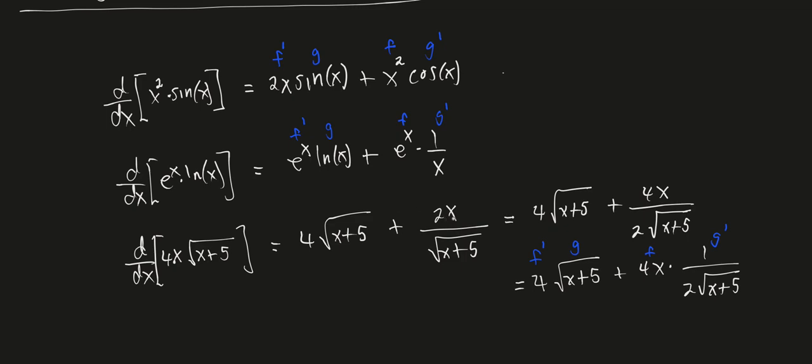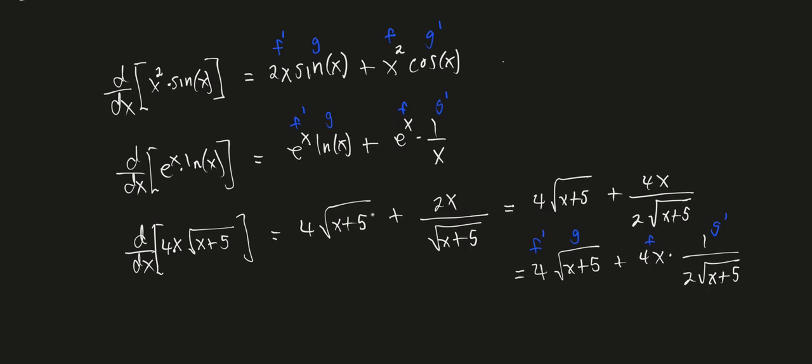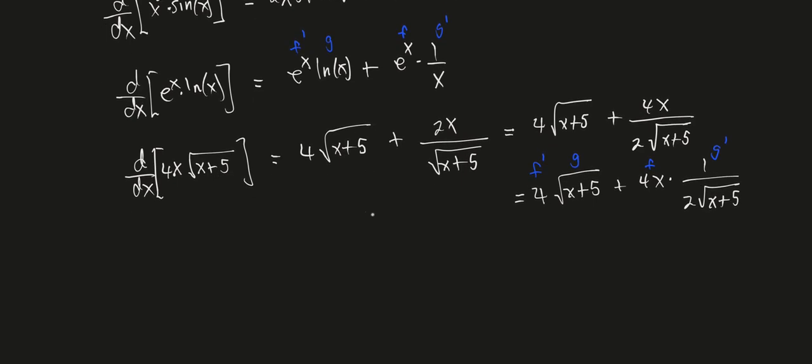So this one was a little bit trickier, but again, thinking about the pattern, what we know for linear functions and square root functions, we could modify this slightly so that it matches up perfectly with the result for the product rule.